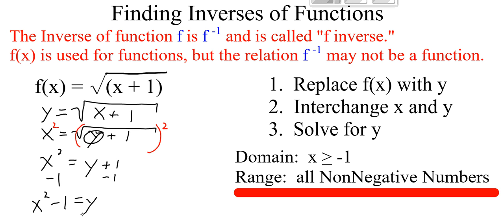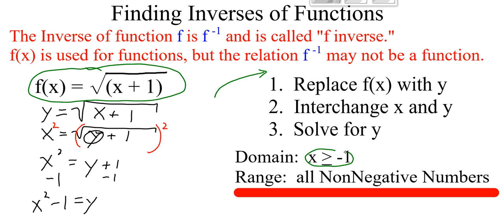Now, notice, for our original function, the square root, that's a graph of something that looks something like that. It's half of a sideways parabola. That domain is x is greater than -1 because we had a +1 shift in our graph, a horizontal translation.